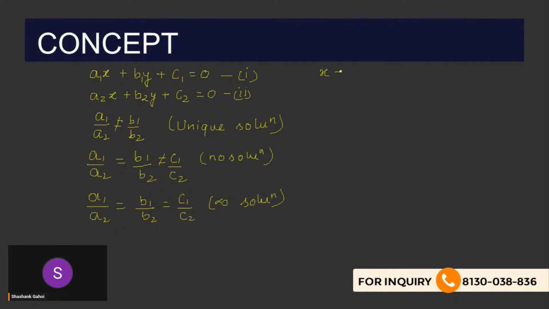For x plus y is equal to 2. Okay, coefficient of x is 1, 1 upon minus, meaning unique solution.